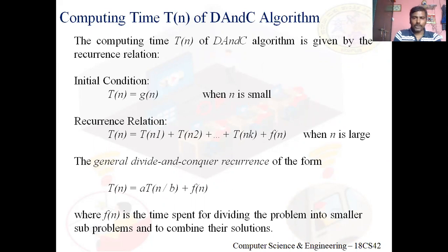In general, for any divide and conquer algorithm, the time efficiency will be represented by the recurrence T of n equals a T of n by b plus f of n. Clear? Got it?